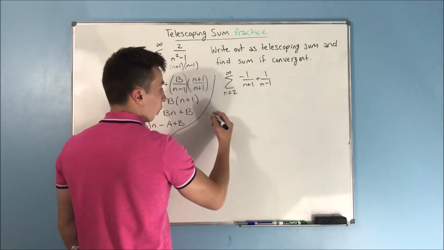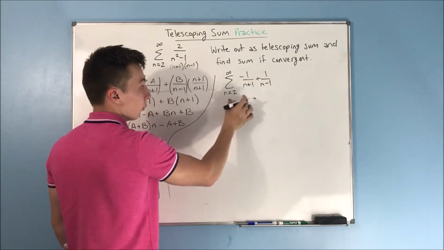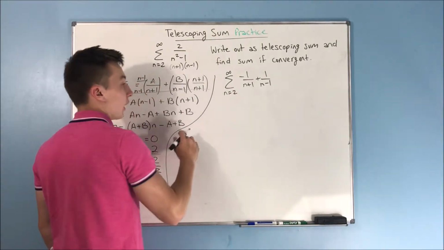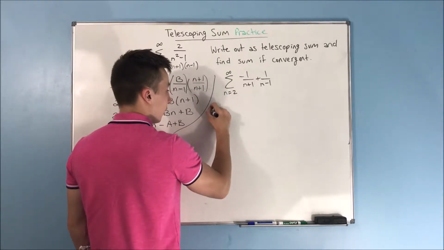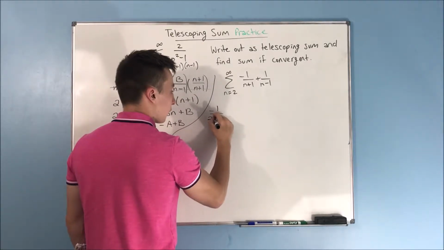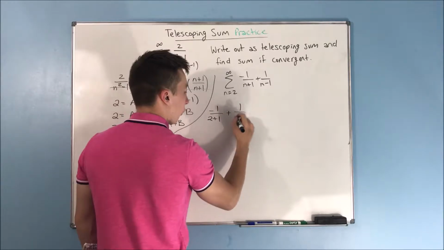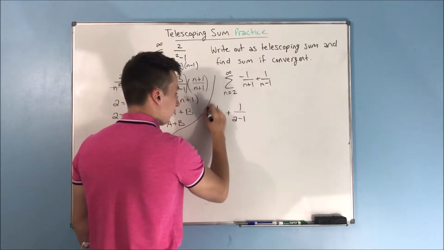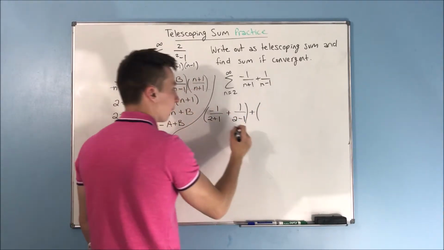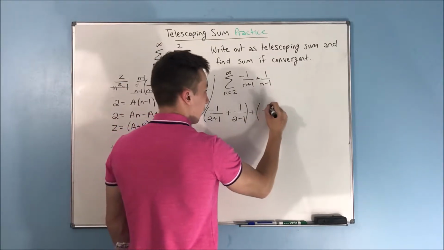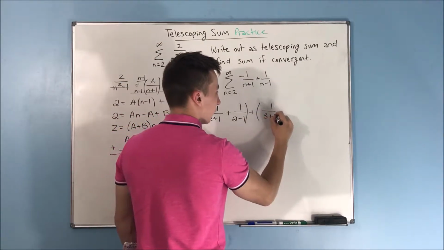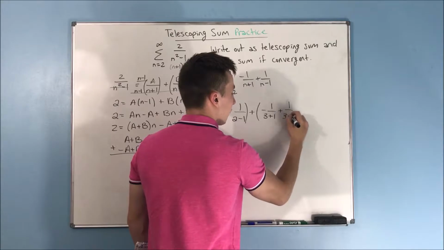First we'll write out our first term, which is going to be n equals 2. That's going to end up being negative 1 over 2 plus 1 plus 1 over 2 minus 1. So it'll be plus negative 1 over 3 plus 1 plus 1 over 3 minus 1.